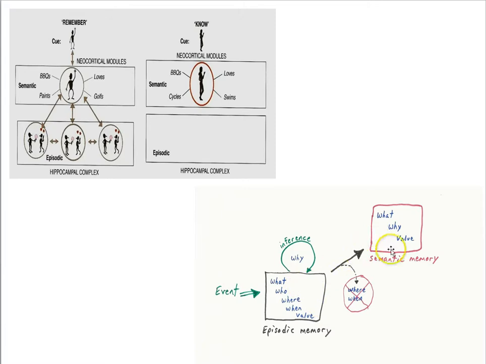But as we fill up our semantic memory with information, that information has lost the where and the when of the learning episode. So we'll take a look at an example of what might be going on as an episodic memory is transformed into a semantic memory, with the resulting loss of the sort of timestamp of the learning episode.